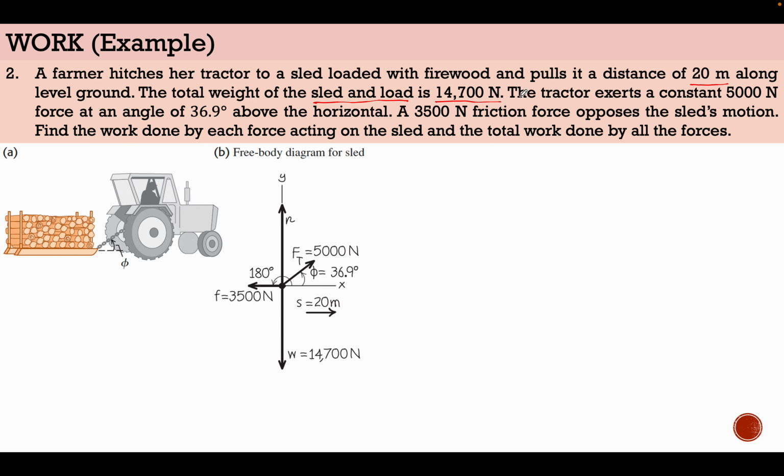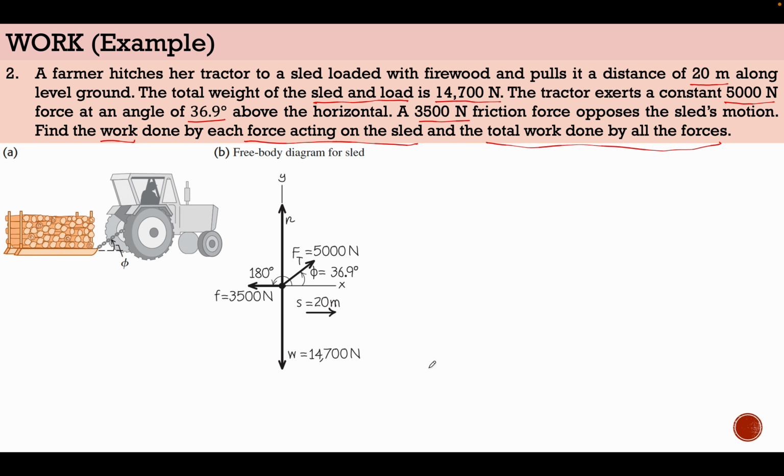The tractor exerts a constant 5,000 newtons force at an angle of 36.9 degrees above the horizontal. And a 3,500 newtons friction force opposes the sled's motion. We need to find the work done by each force acting on the sled, and also the total work done by all of the forces.